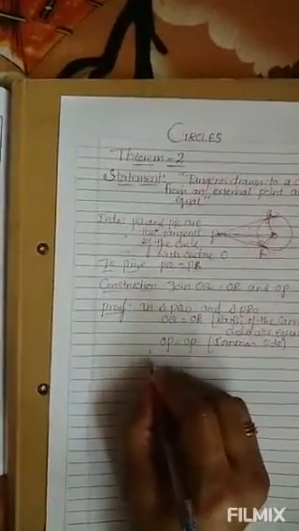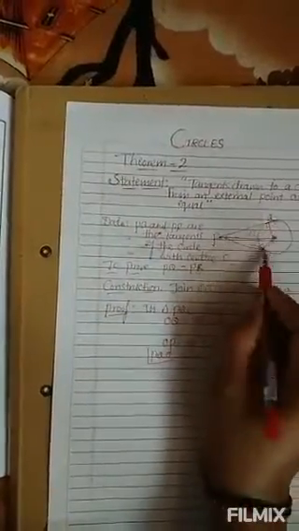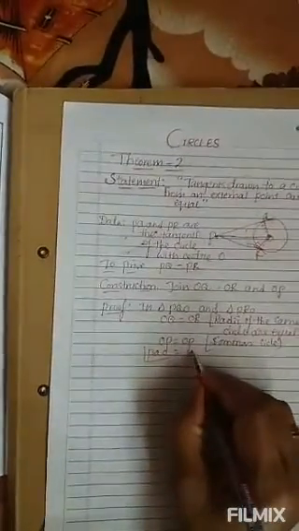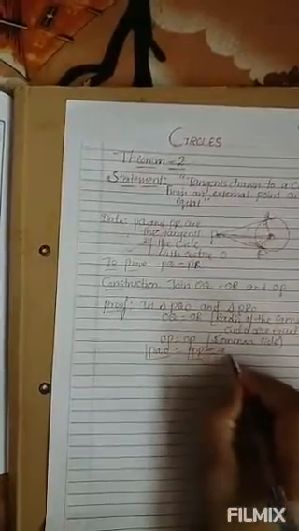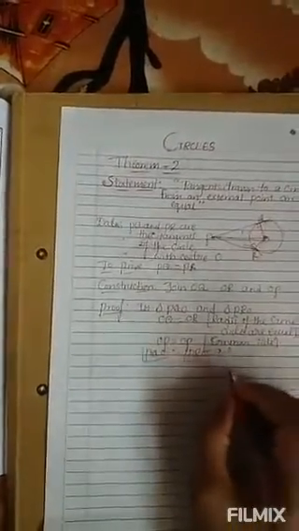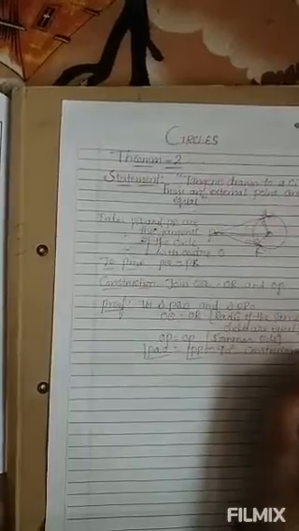Therefore angle PQO should be equal to angle PRO, that is equal to 90 degrees, by construction.